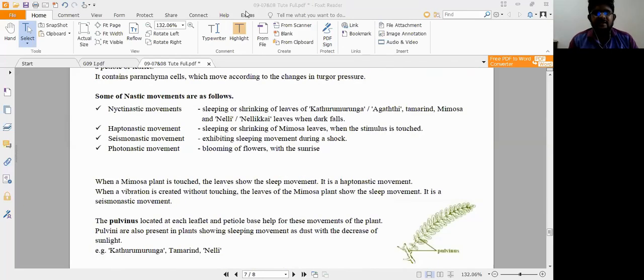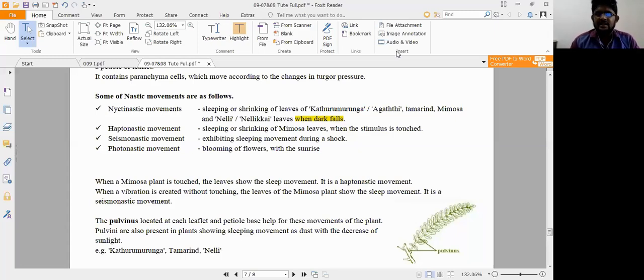You see, nictinastic movement. What is nictinastic movement? Sleeping or shrinking of the leaves of Agathi, tamarind, mimosa and neli leaves when dark falls. So when it is dark, during the night, when it is late evening, these plants will be sleeping, shrinking down.